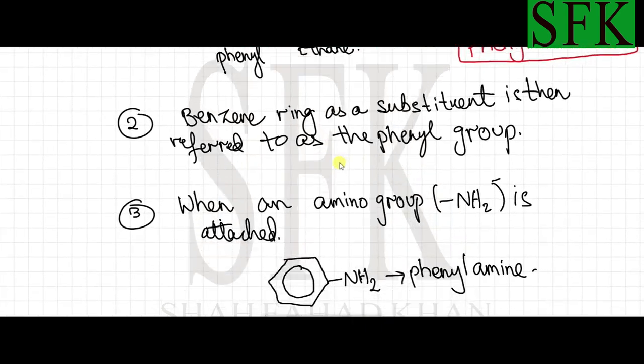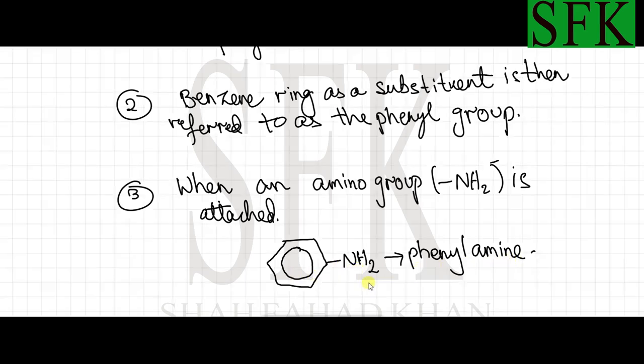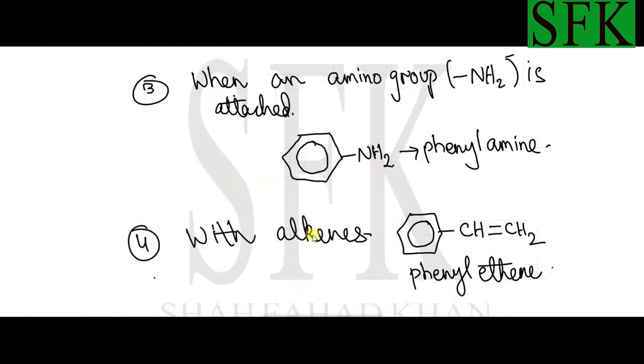The second case when benzene is a substituent is when an amino group, the NH2 group, is attached. Whenever an NH2 group is attached to the benzene ring, again benzene is referred to as the phenyl group, and the name is written as phenylamine. Then the next case is with alkenes, because alkenes start from 2 carbons.